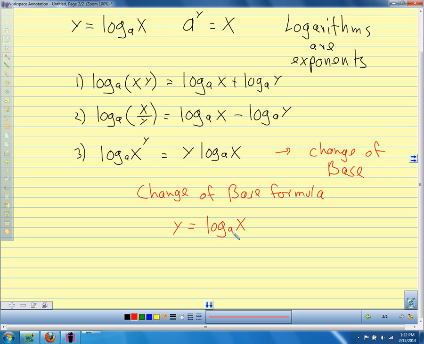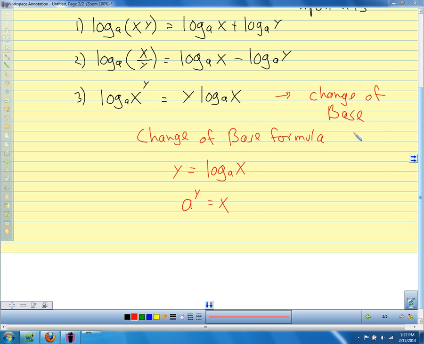I'm going to rewrite this in exponential form. So I get a to the y equals x. That's what we wrote up here. Now I'm going to take either the natural log or the log base 10 of both sides. I'll do log base 10. So the log of a to the y equals log of x. I just took the logarithm of both sides.